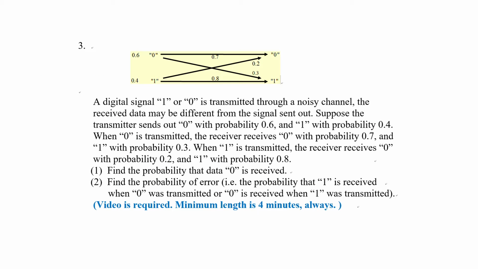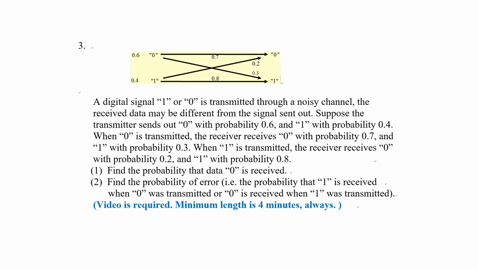And the second question is, find the probability of the error. For example, the probability that 1 is received when 0 was transmitted, or 0 is received when 1 is transmitted. We can tell from the solution of the first question.